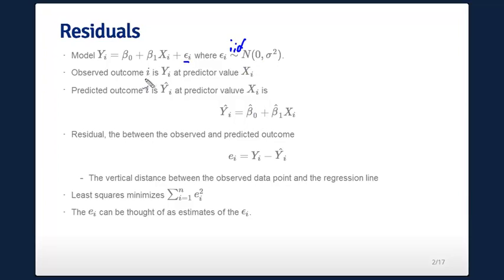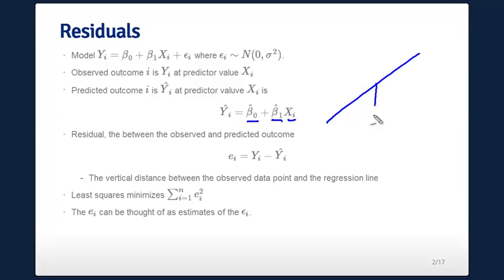So the observed outcome for data point i is yi, and it has an associated predictor value xi. The predicted outcome we'll call yi hat. That little hat right there is our predicted value, and that's nothing other than taking our estimated intercept and our estimated slope, and then multiplying it times that x value.